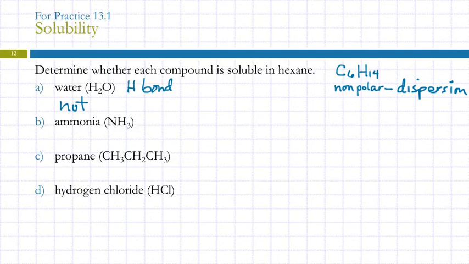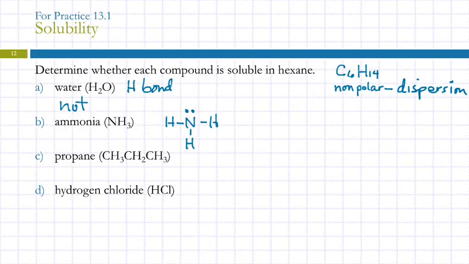How about ammonia and hexane? What's the strongest intermolecular force in ammonia? It's hydrogen bonding. So here is the Lewis structure. This is a polar molecule.